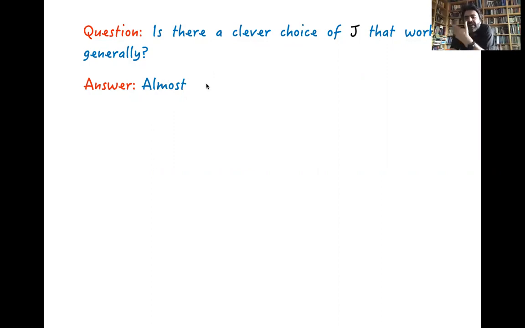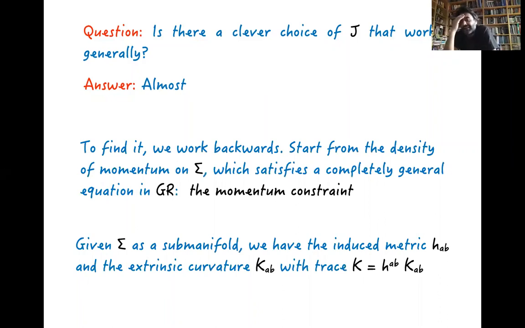Now I will work backwards in order to get this, because I know that I want some integral of the momentum density over C, okay? And then the question is, where do I find a completely general equation that involves the momentum density over a space-like surface? And the answer is obvious. It's the momentum constraint of general relativity. In case there are people here from quantum information who are not so familiar with general relativity, the momentum constraint is just some analog of the Gauss law in electrodynamics.